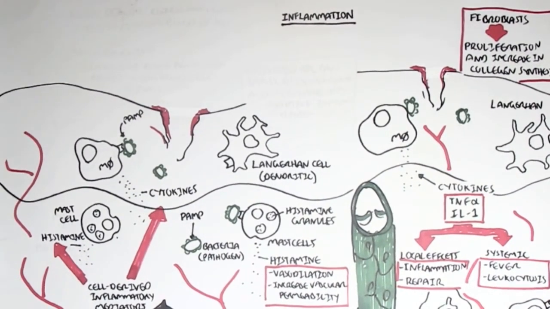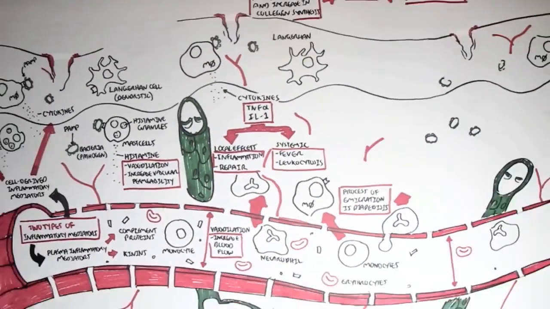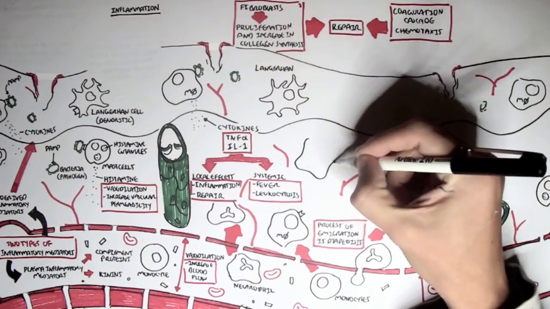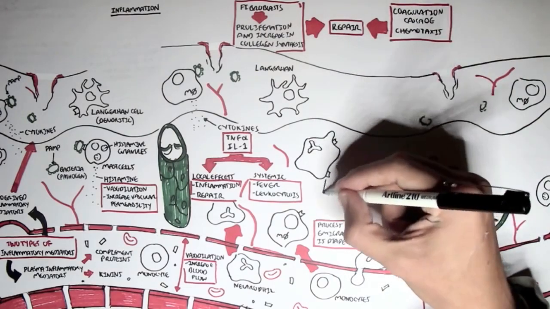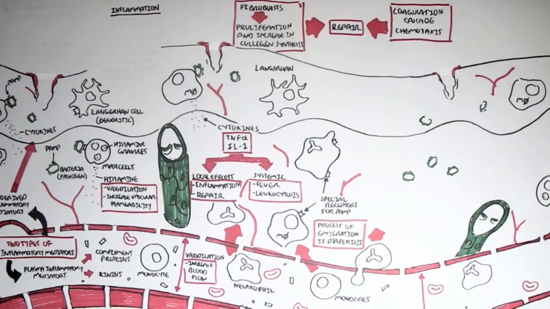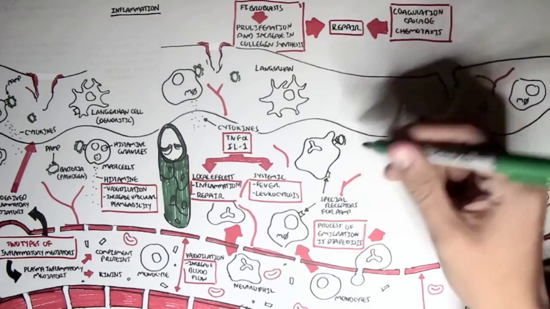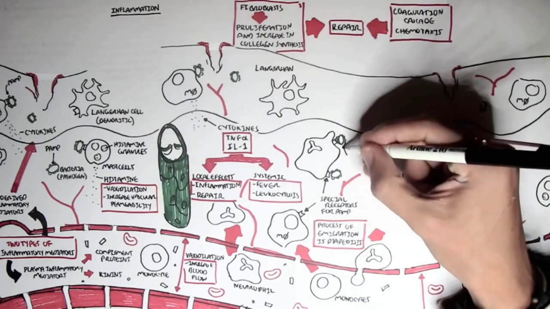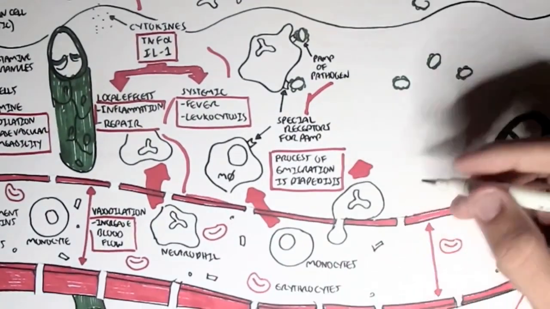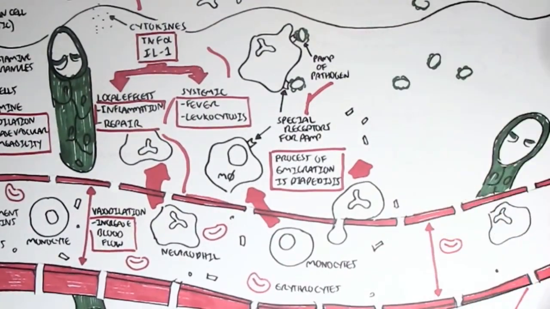So anyway, all these inflammatory mediators promote the recruitment of immune cells, such as macrophages and neutrophils, from the blood vessel into the tissue. These neutrophils and macrophages express special receptors for PAMP, as I mentioned. So now, for example, this neutrophil binds onto these pathogens with its receptor and can engulf it.